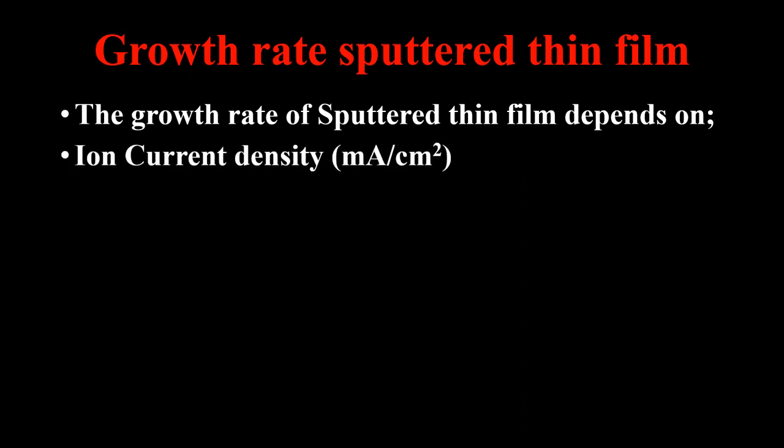The growth rate in sputtering depends on the ion current density, basically how many ions are impinging on the source material. This means that the higher the density of the ions, the higher the growth rate.